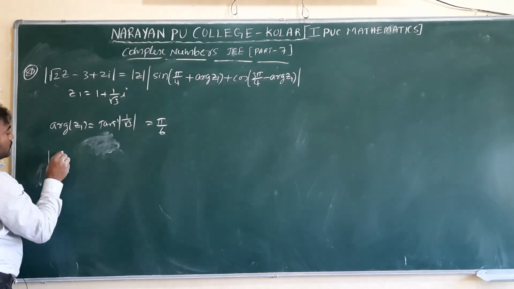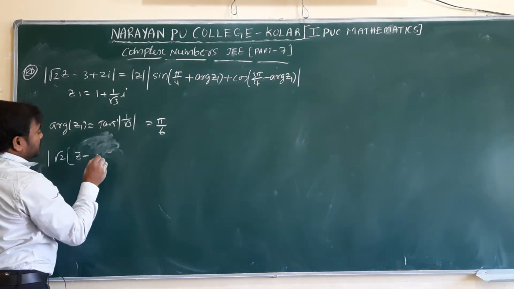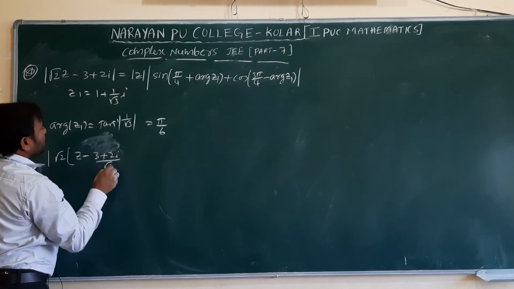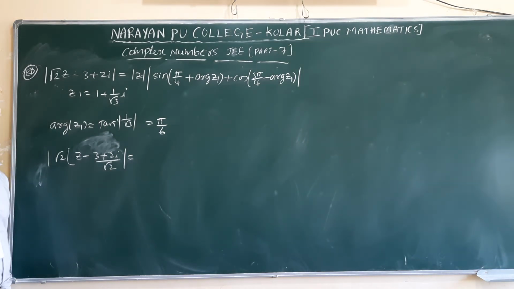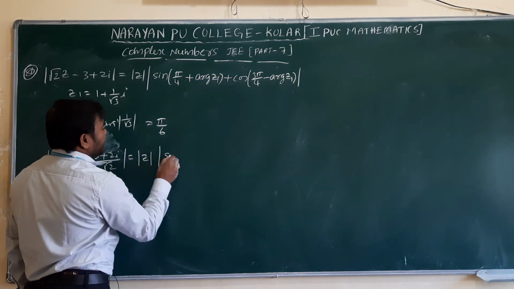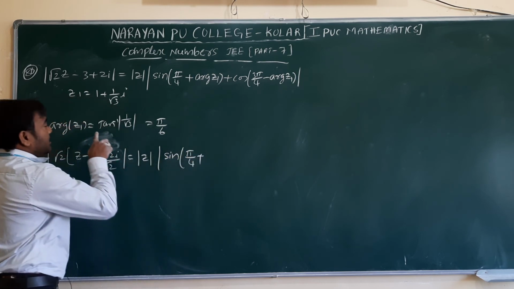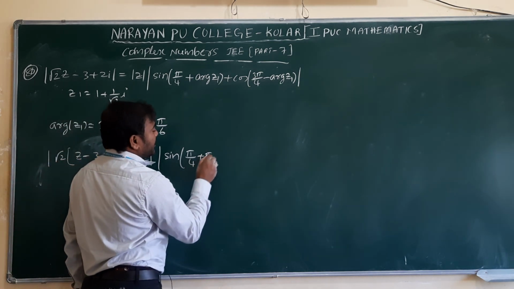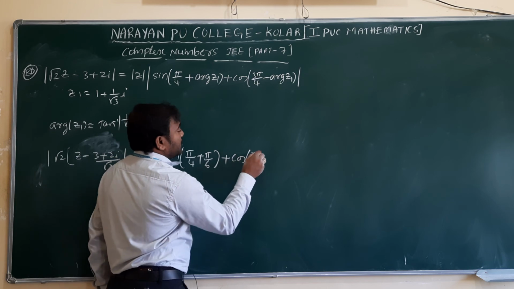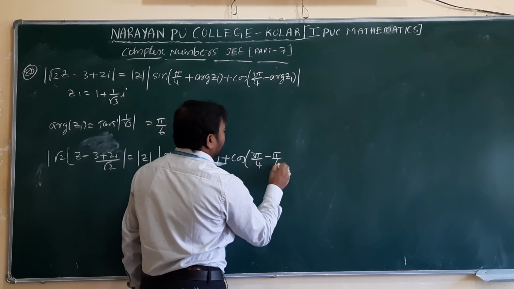Root 2 into z minus 3 plus 2i by root 2 is equal to modulus of z, modulus of sine of pi by 4 plus argument of z1, value pi by 6, plus cos of 3 pi by 4 minus argument of z1, value pi by 6.